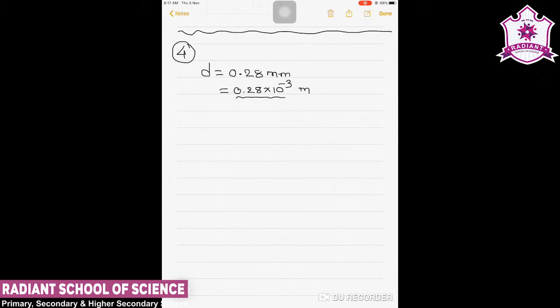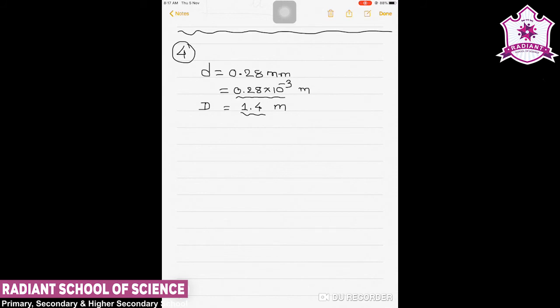Now the screen is placed 1.4 meter away. So the capital D is given, that is 1.4 meter away. The distance between the central bright fringe and the fourth bright fringe is measured to be 1.2 centimeter.